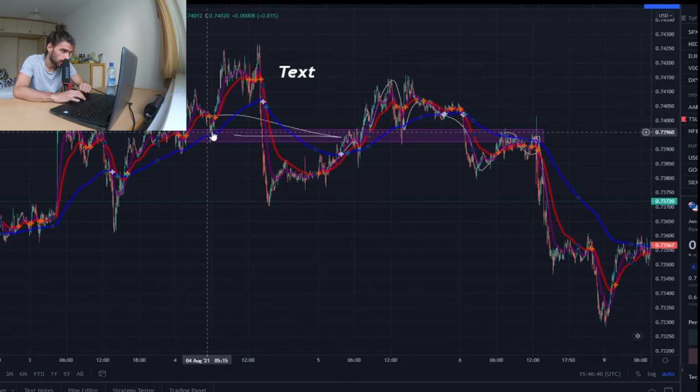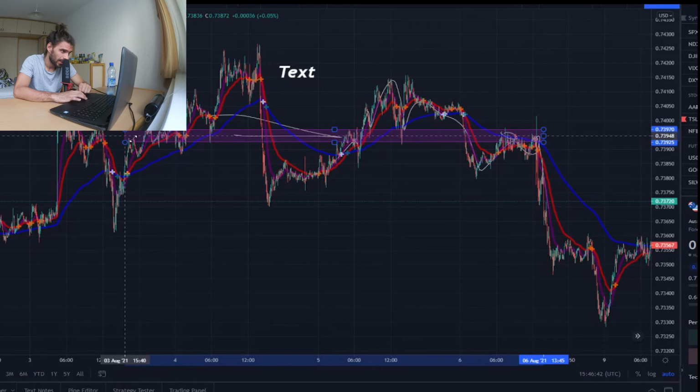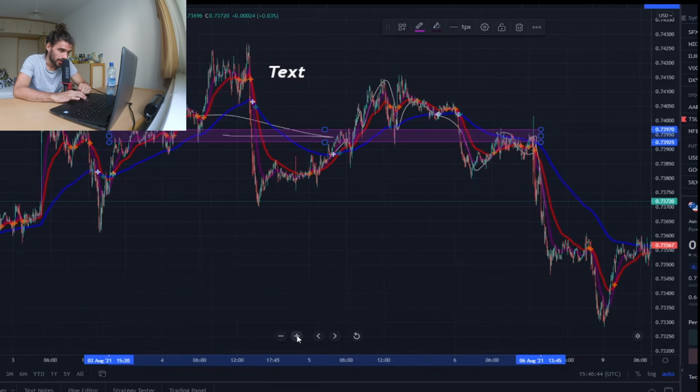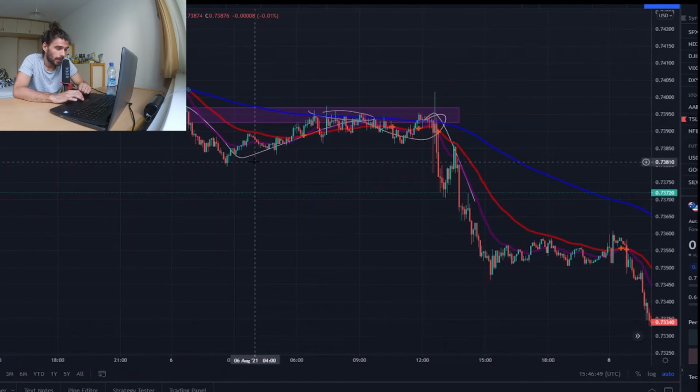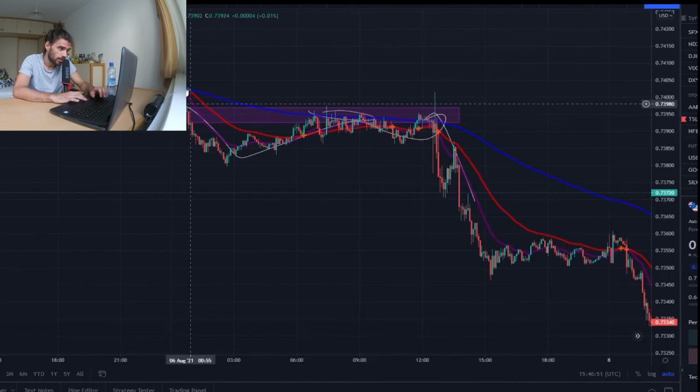Here it acted as a support line, and so on. So this is the second kind of help that we need to determine. Now, so we had the crossover to the downside, the retest to the 200 EMA at a specific support area.